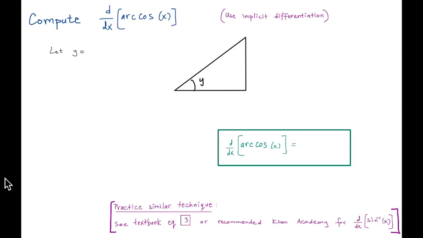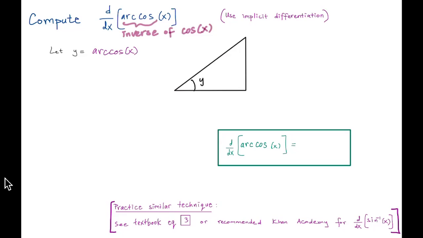Remember that arc cosine is the inverse of the function cosine of x. So first I write down y equals arc cosine of x.